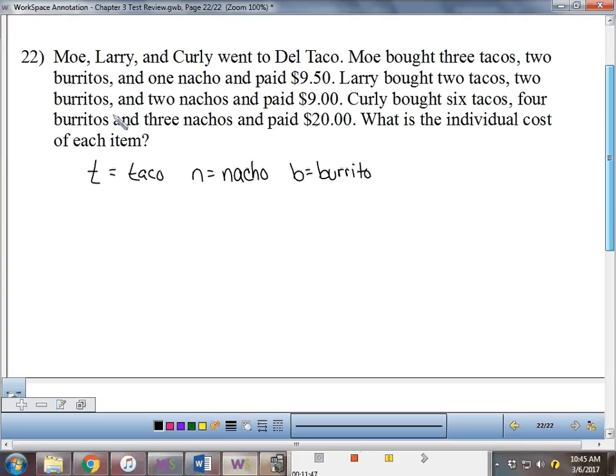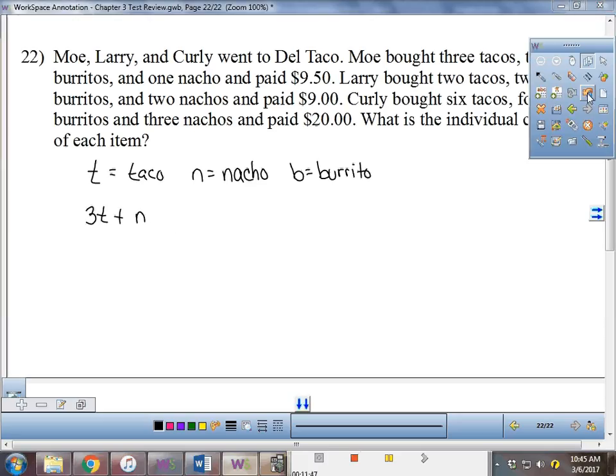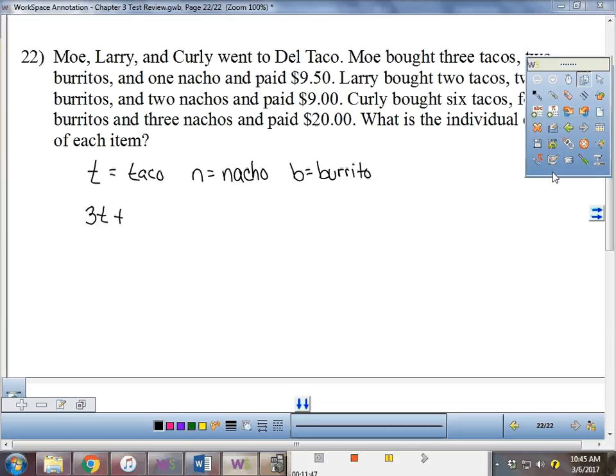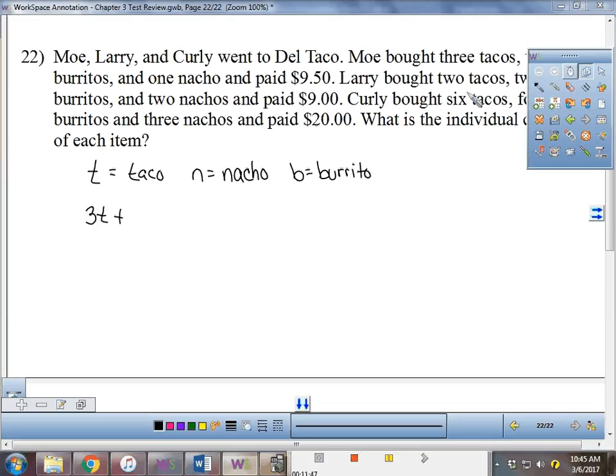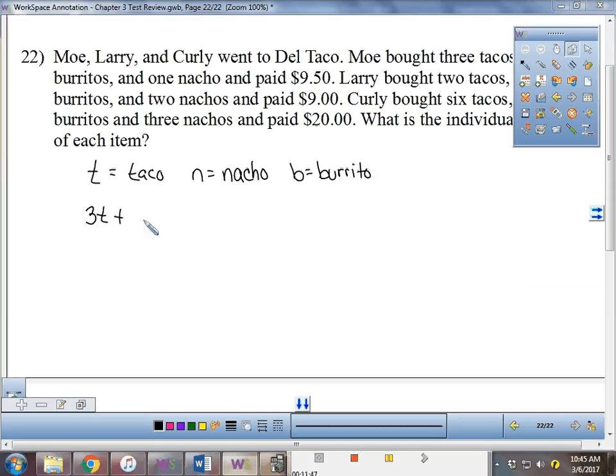Okay, so Mo bought 3 tacos, so 3 times T, plus 1 nacho, that's 1 N, plus, oh, I forgot my burritos. 3 tacos, 2 burritos, and 1 nacho, and it cost him $9.50.